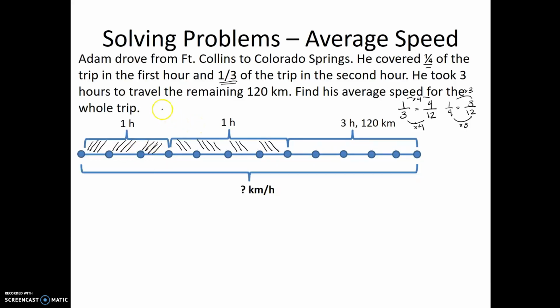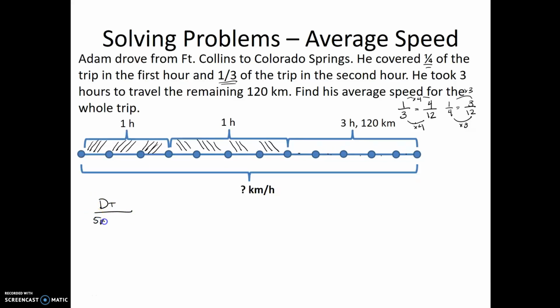And then he took 3 hours to travel the remaining 120 kilometers. So you know that you can assign the rest of those portions to 120 kilometers. Since we have 1, 2, 3, 4, 5 units assigned to 120 kilometers, let's use the unitary method to find the distance of the entire trip. Let's mark distance total over here.